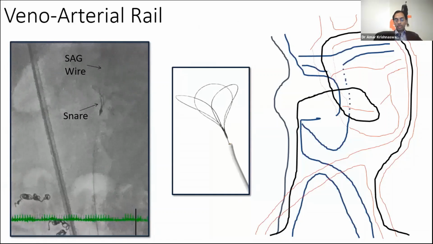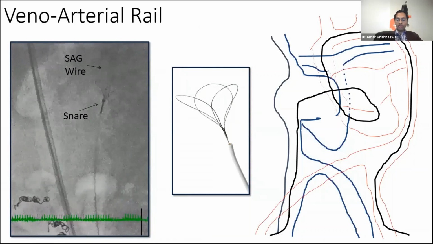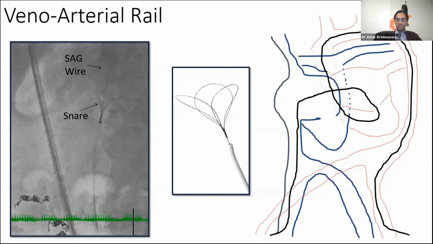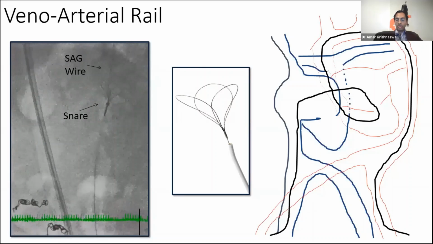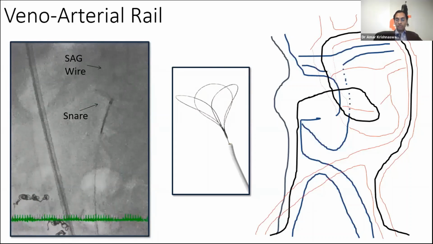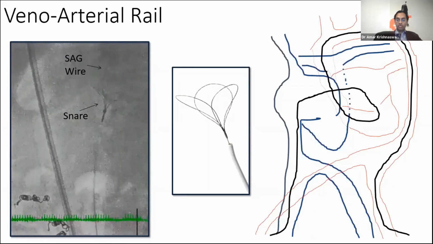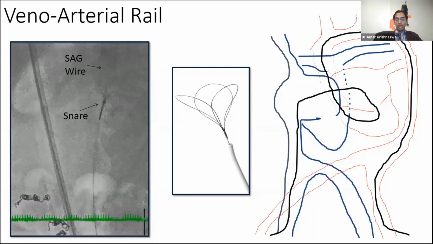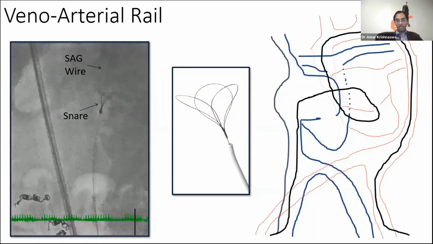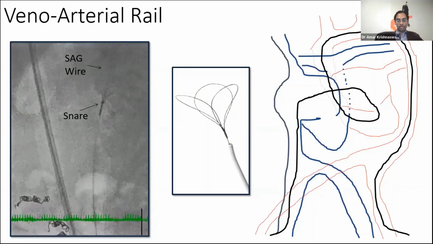In someone with a lateral mitral annulus leak, generally you don't need this kind of support. So sometimes we'll just advance a stiff wire to the aorta, or even just leave a curled wire in the ventricle. But especially in patients with a posterior leak, with a medial leak, where there are a lot of acute angles coming from the septum, having this kind of externalized wire support is really beneficial.